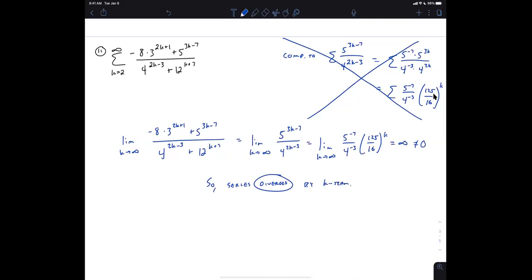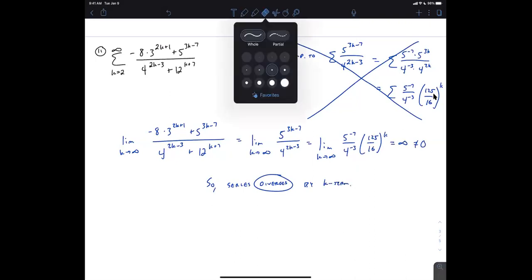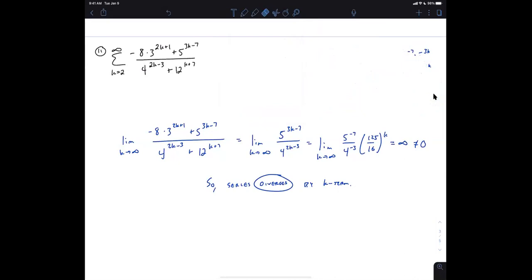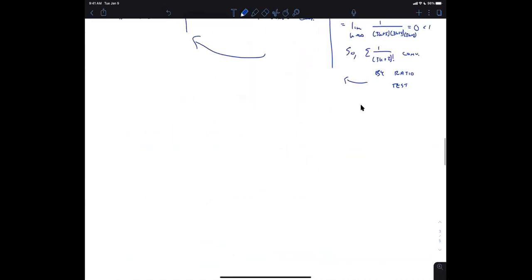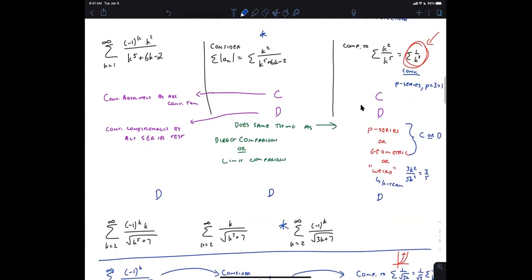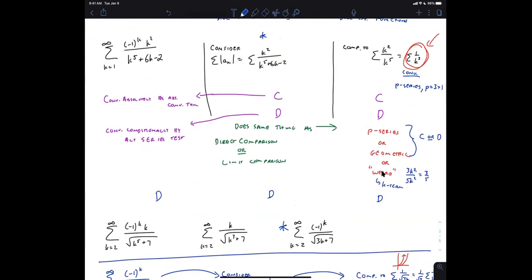And that's it. So we don't need the stuff up here. But if you wanted to go through and do that, you can, and then you could use a comparison test to prove that it diverges. But this is what I mean back up here when I'm saying, okay, in these standard ones, you get a p-series or geometric or a weird one.